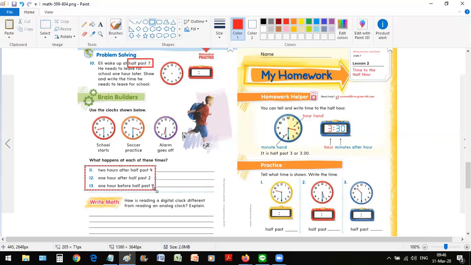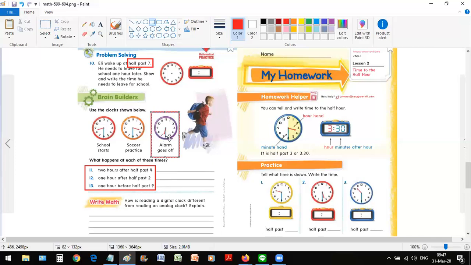Okay, so 2 hours after 4:30. Okay. I'm not sure if they are related. 2 hours after 4:30. Well, 4:30 plus 2 hours, it means 6:30. Now you have to find which clock shows 6:30. And as you see, it's this one here, because the hour hand is halfway between 6 and 7.